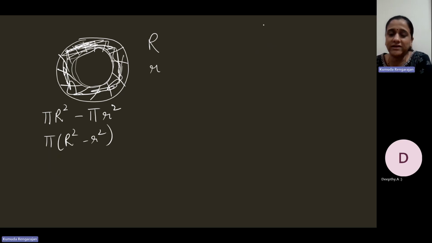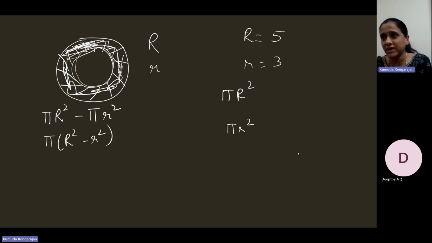You're saying, supposing R is 5 and r is 3, can I first find the area of the outer circle, that is pi R square, get that answer, then find pi r square, get that answer, and then subtract, is it?